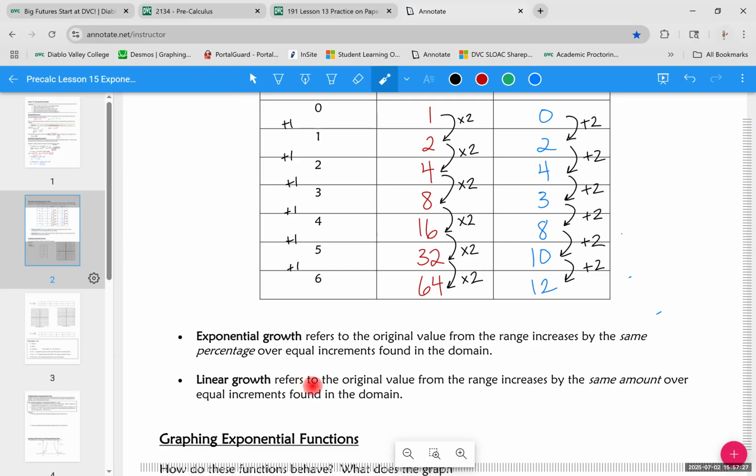Whereas linear growth refers to the original value from the range increases by the same amount. It's adding to each time with the same increments. So as you can see, that's where we think about, oh gosh, that's growing exponentially. I mean, it's just ballooning really big because every single time it's doubling or tripling, as the case may be.